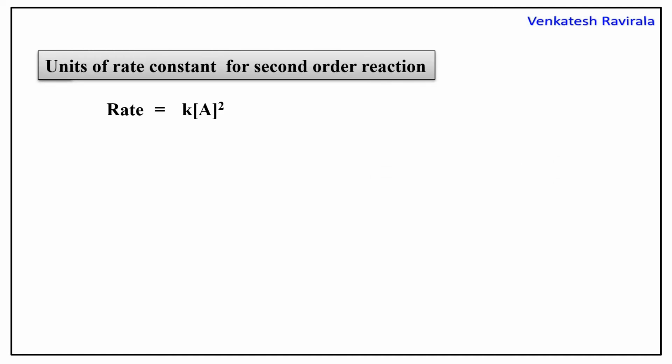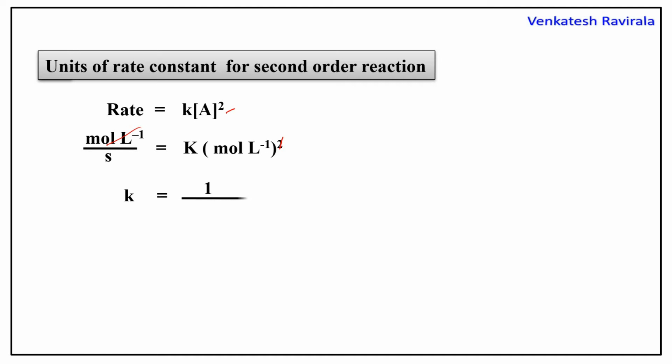Next, if I take second order, in that case I have to put 2 here. Again for rate, the units are mole per liter per second. For concentration, mole per liter, but the power taken is 2, therefore here also you will take 2. Now this will be cancelled and this will be cancelled. What will be the remaining here?